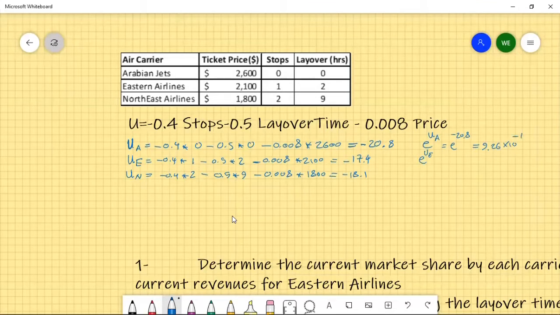Okay, here e to the power minus 17.4 equals. Doctor, for the second one I got minus 18.2. Yes, this one is going to be 18.2.